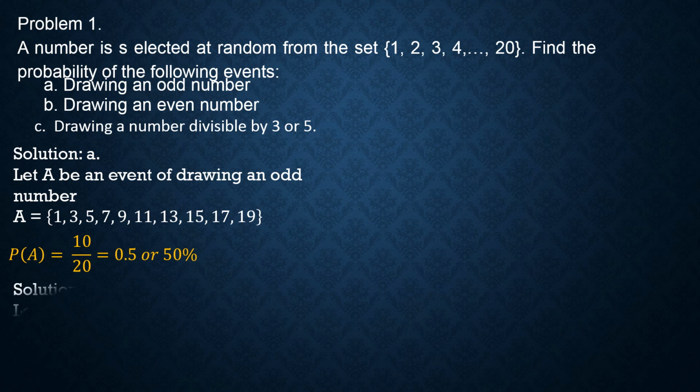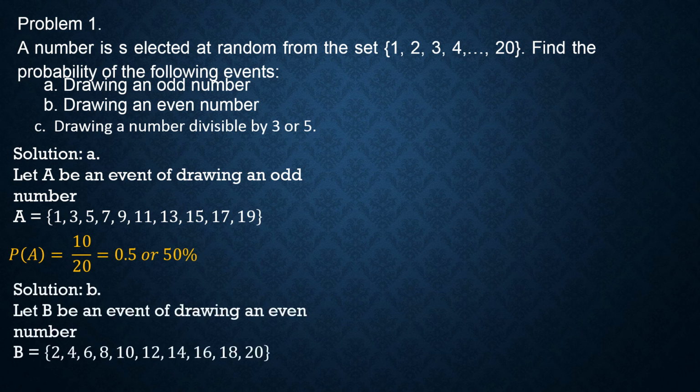Okay? Then for letter B, an even number. So picking an even number from the numbers 1 to 20. So we count. For letter B, we have 2, 4, 6, 8, 10, 12, 14, 16, 18, 20.